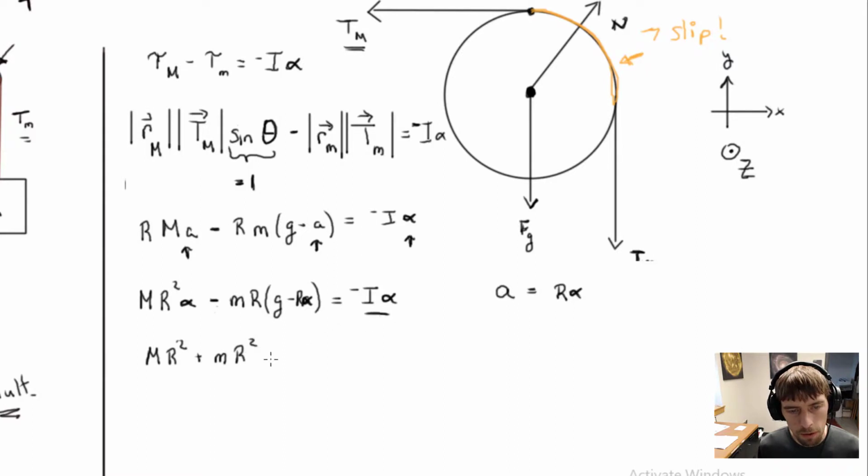Moving this term, the moment of inertia, to the other side, I get a plus I. That whole thing is multiplied by alpha. And moving this G term to the other side, I get equals little m big R times G.